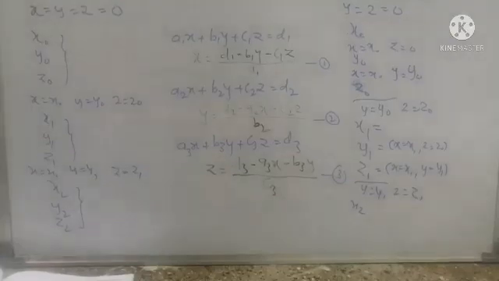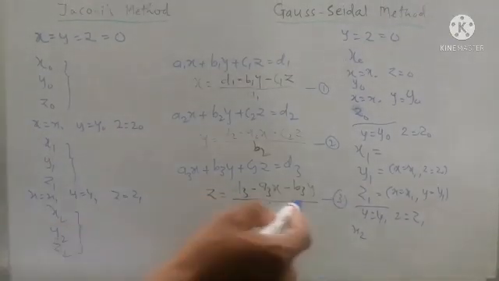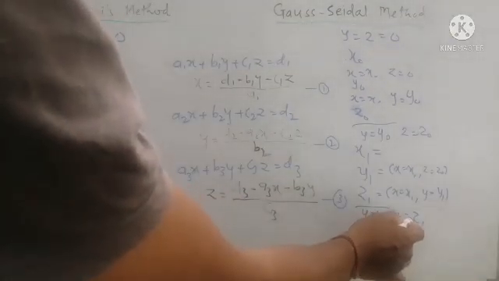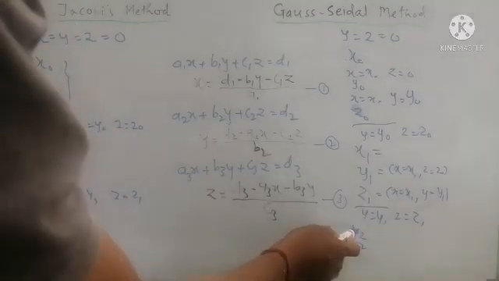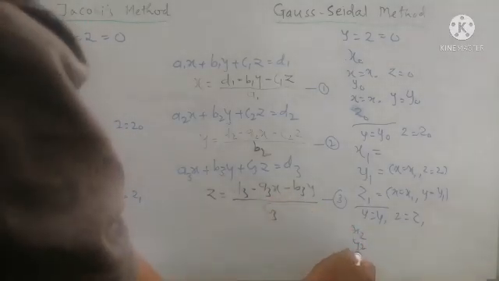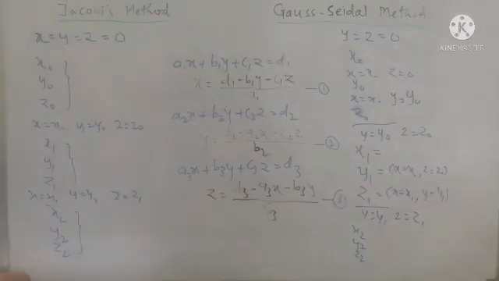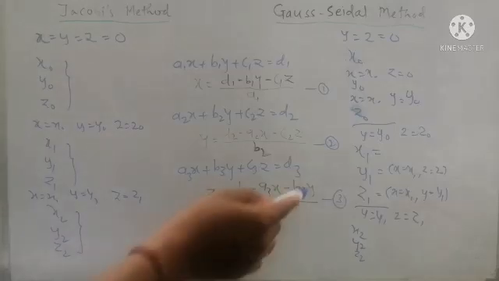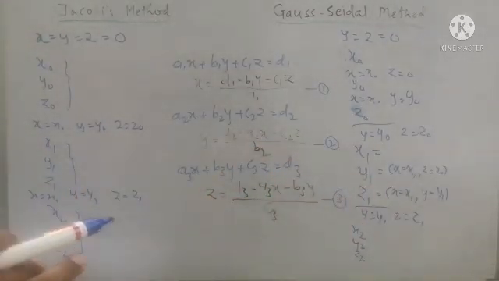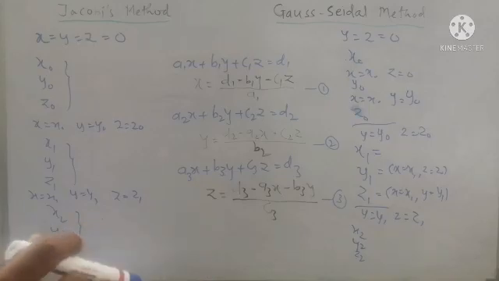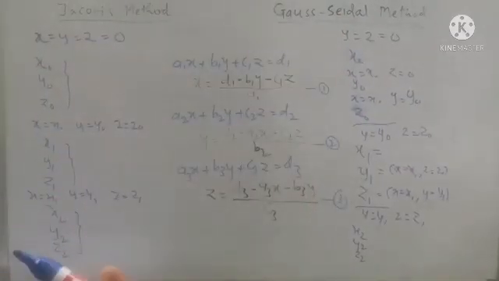Then using this x2 and z equal to z1, we find the value of y2. And now using x2 and y2 in equation number 3, we find the value of z2. Now the new set of roots is x2, y2, z2. If x1 is equal to x2, y1 is equal to y2, z1 is equal to z2, then we stop the process. If one of them is not equal, then we carry out another iteration to find x3, y3, z3.